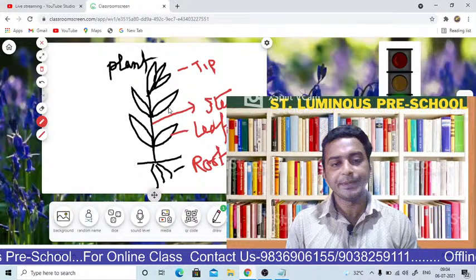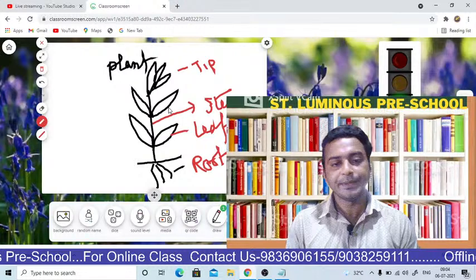Actually, we need to understand the function of the root. The root functions as an absorbing organ. All of you know this is the root system, which absorbs water and nutrition also.